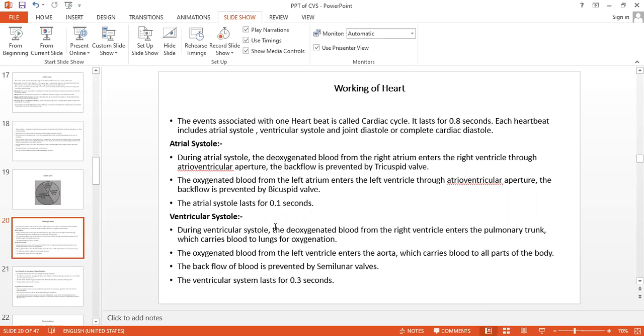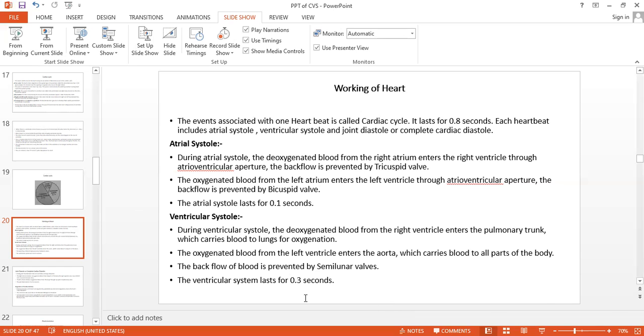When the ventricles contract, the right ventricle's blood goes to the pulmonary artery, and the left ventricle supplies blood to the aorta.